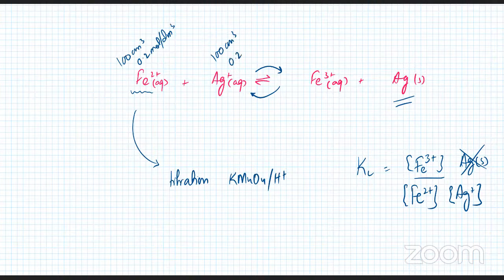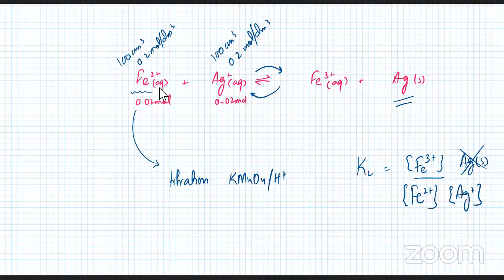Okay, the other one is also 100 cm³ of 0.2 mole per dm³, right? So the moles that he has initially added, that's 0.02 moles of this and 0.02 moles of this as well.